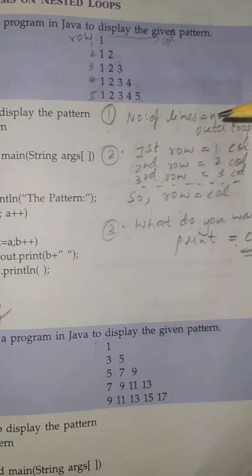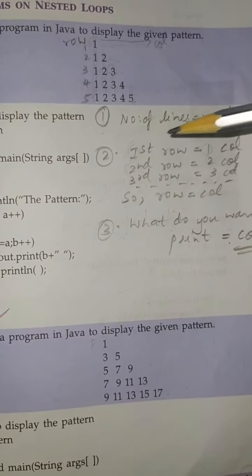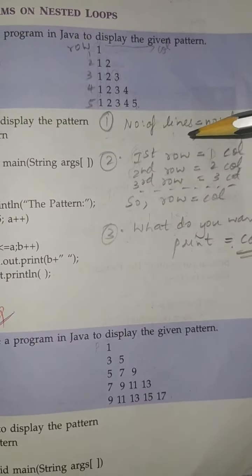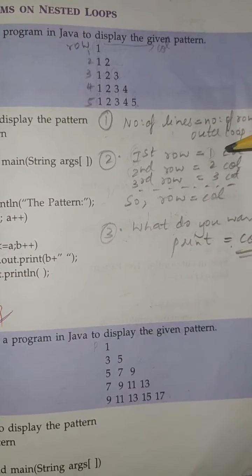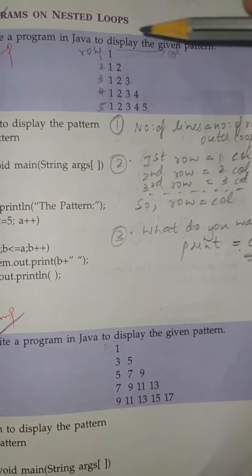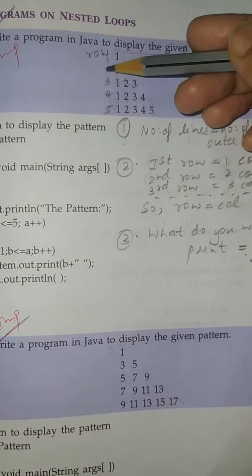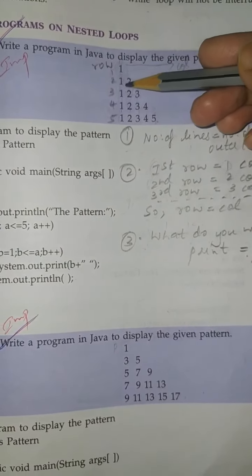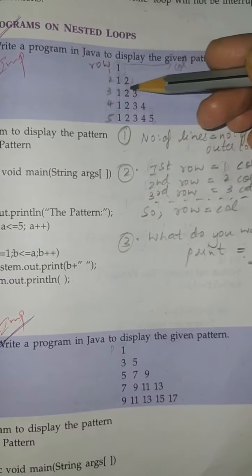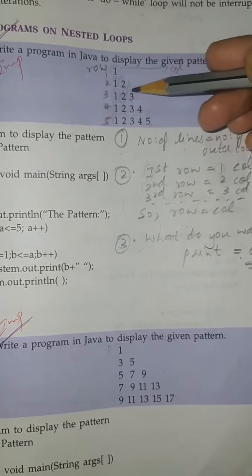In the second step I am going to find the columns. In the first row you have to find how many columns there are in this program. In the first row there is only 1 column, in the second row there are 2 columns, and in the third row 3 columns.